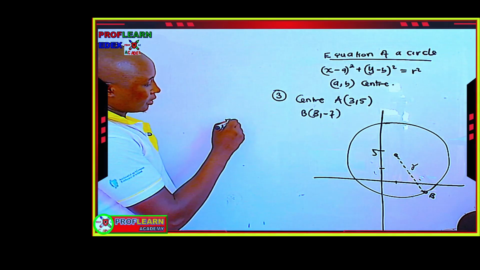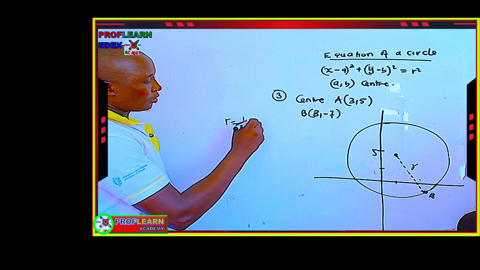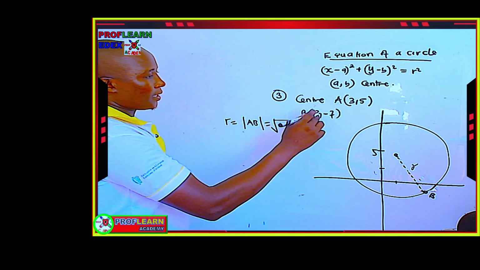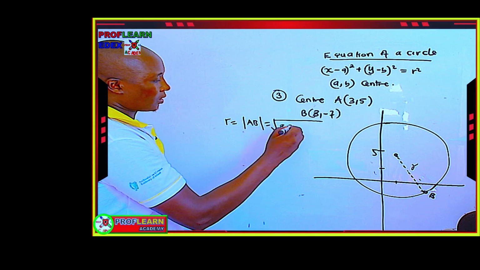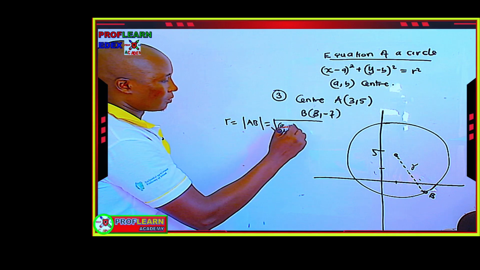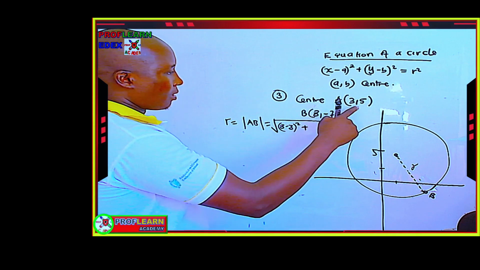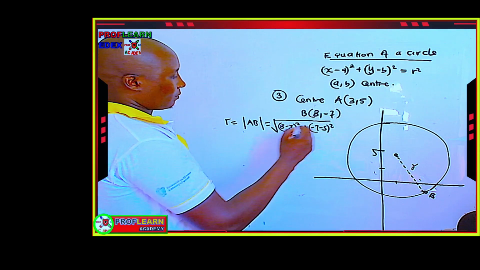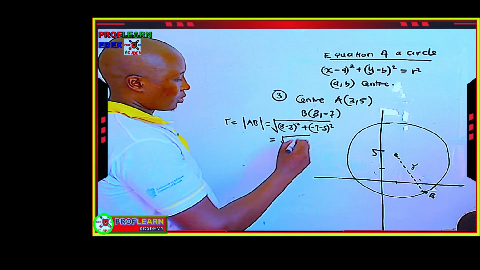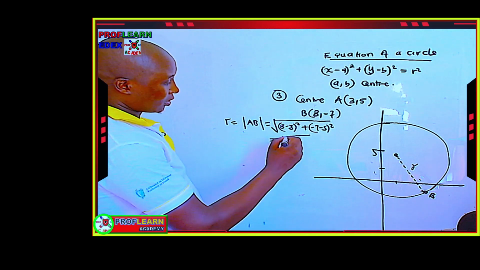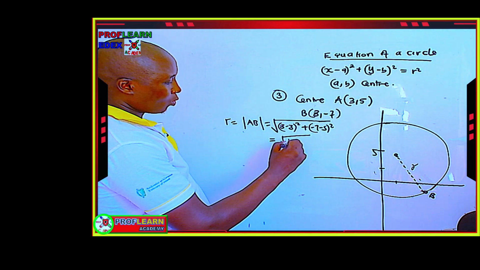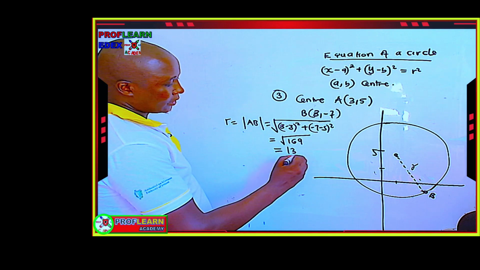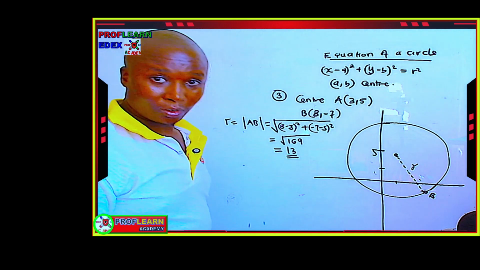So radius is going to be equal to the magnitude of AB, and magnitude of AB is going to be the square root of 8 minus 3 squared, plus negative 7 minus 5 squared, and that's going to be square root of what? This is going to be 169. So if you work it out, you're going to get 13 as the radius of this circle.